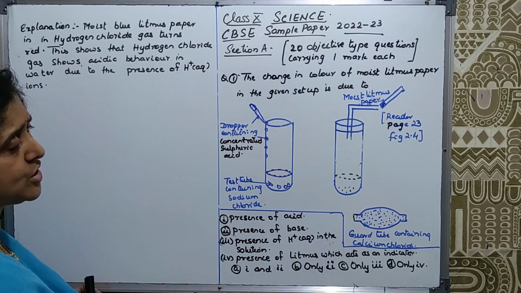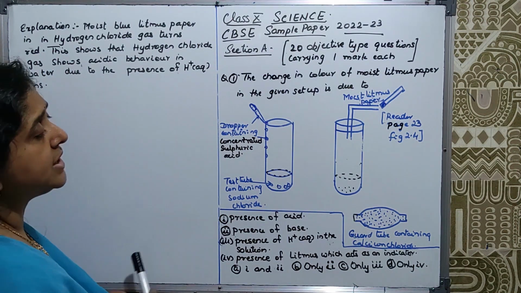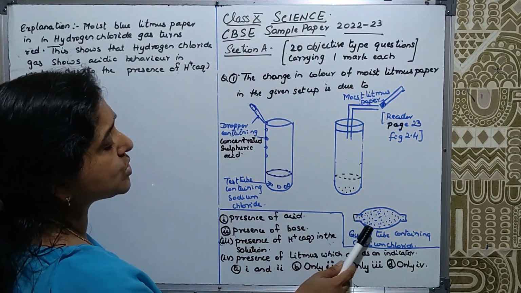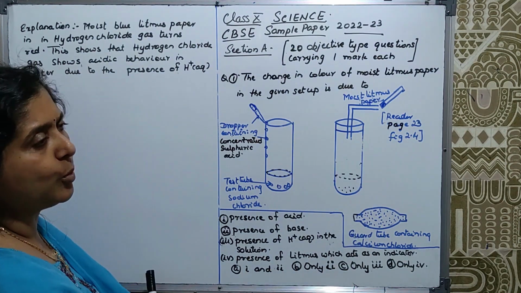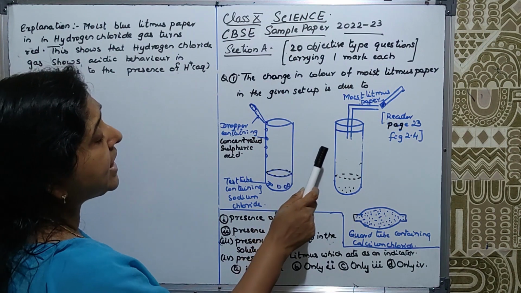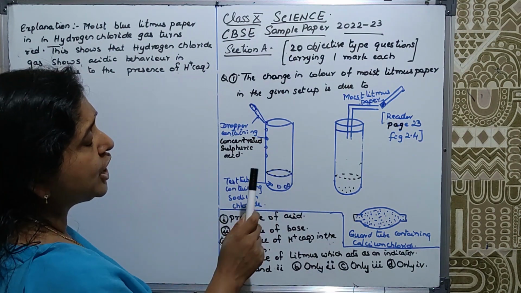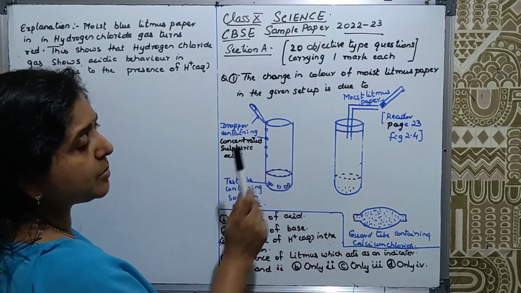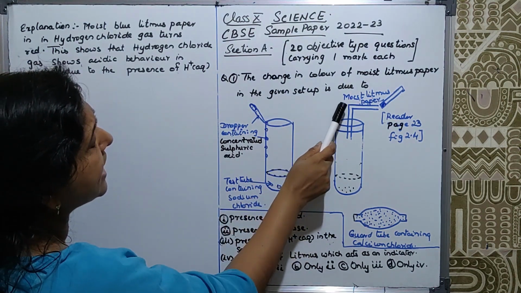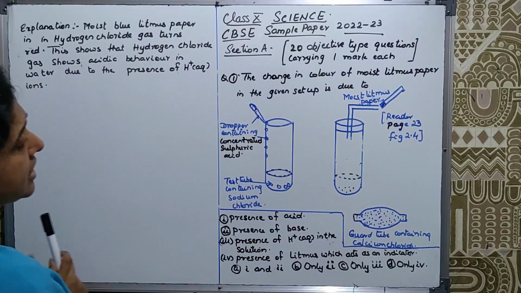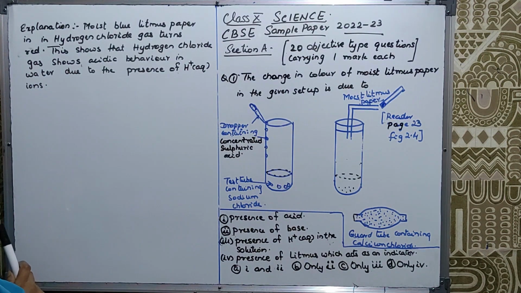This hydrogen chloride gas is passed through the guard tube containing calcium chloride to make it dry. When that dry hydrogen chloride gas is passed through moist litmus paper, it reacts with the water particles present in the moist litmus paper to form H plus aqueous ions.